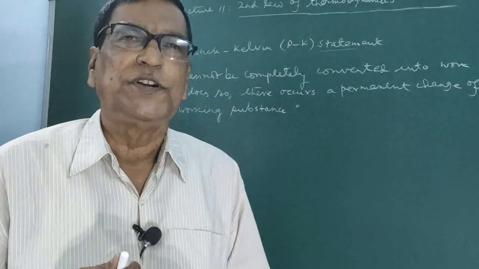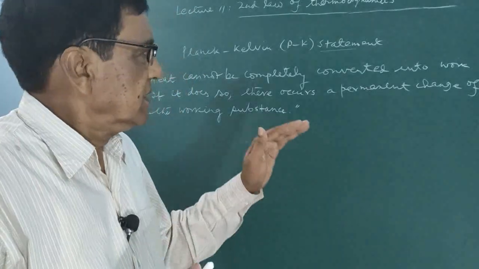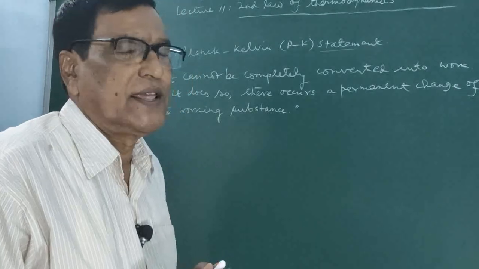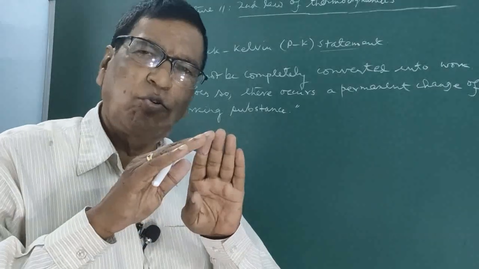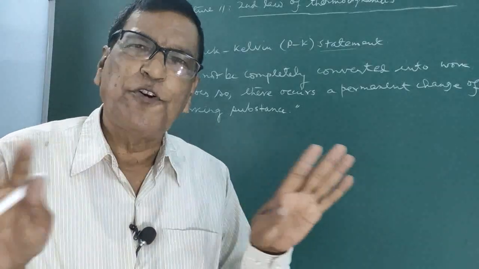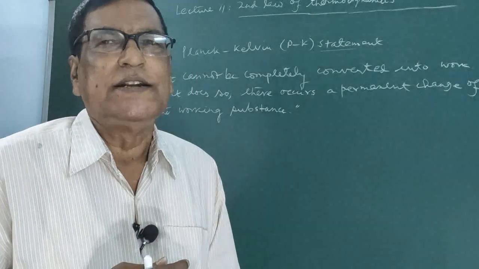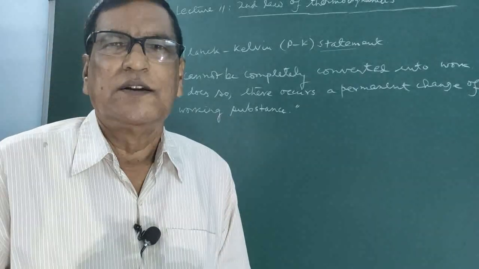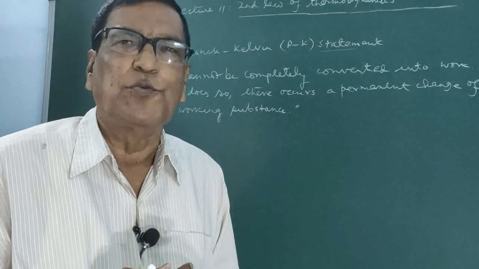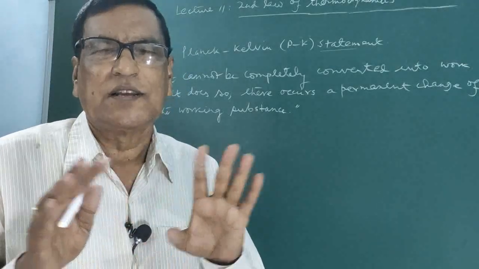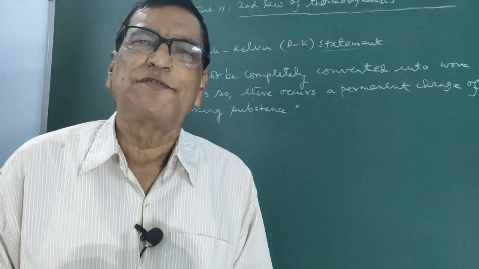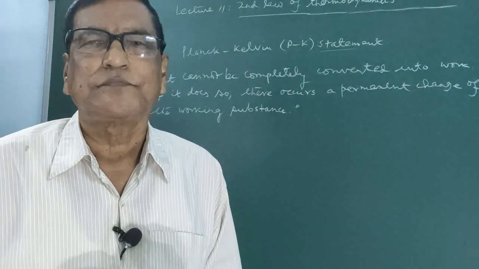So here also it is confirmed that in no way, or no contrivance, or in no process, it is possible to completely convert heat into mechanical work without suffering some permanent change of this working substance, working system.